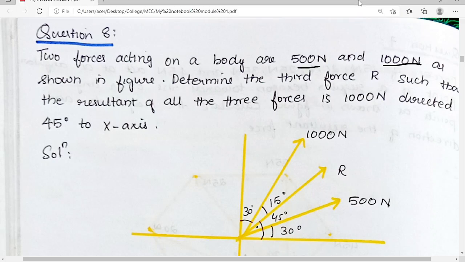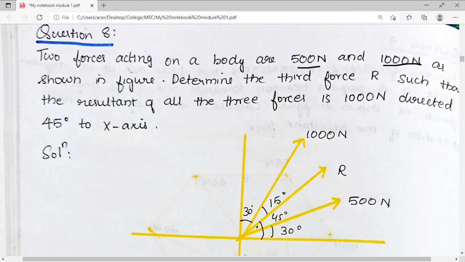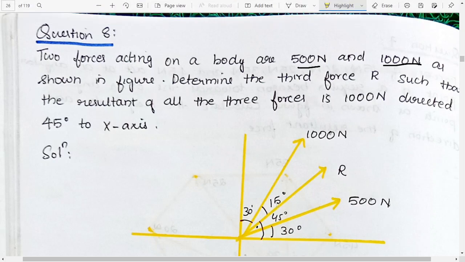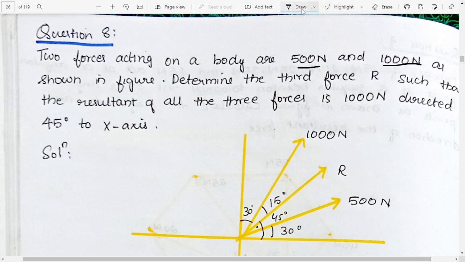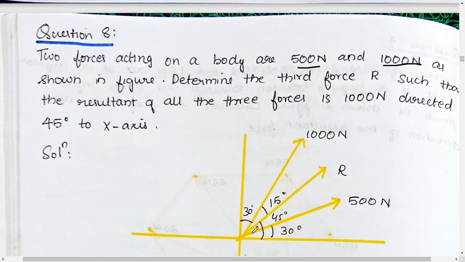So here we are given a figure. It is saying that we are given three forces from the origin. One force like this, another force like this.